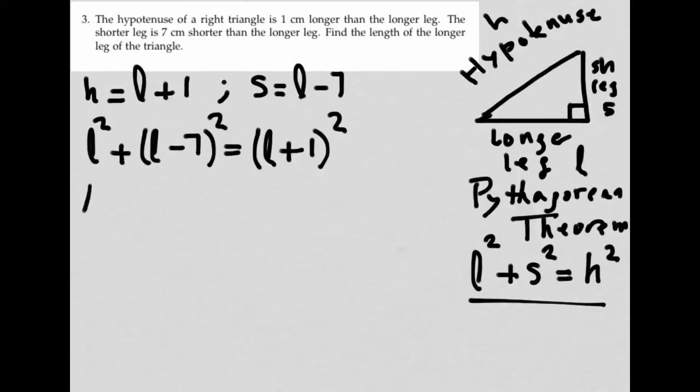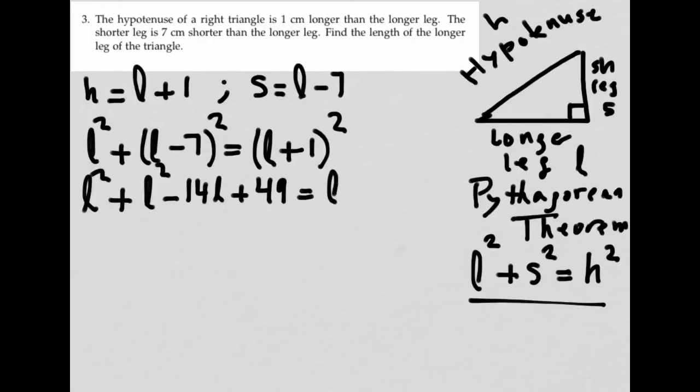Let's expand everything. L squared plus L minus 7 squared. If we expand that, we'll get L squared minus 14L plus 7 squared, which is 49. And that's equal to L plus 1 squared, which expands as L squared plus 2L plus 1.